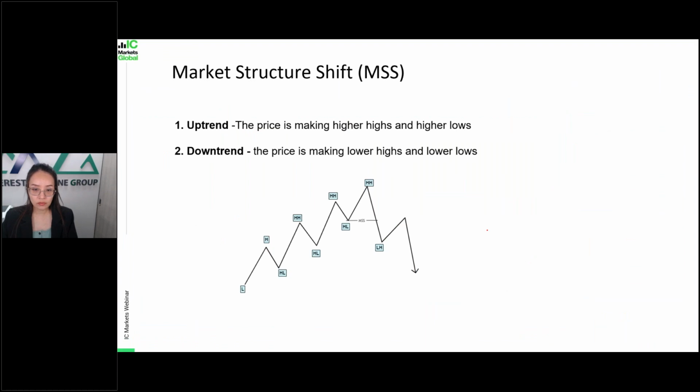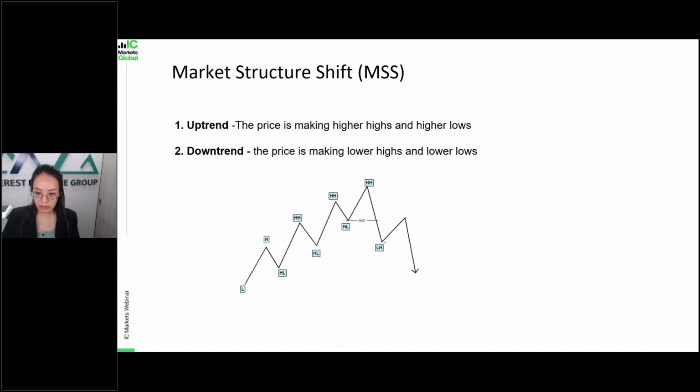And now we're going to look for market structure shift. Basically it's very simple. If you trade SMC, when it breaks this low, they call it change of character, but ICT calls it MSS, which is market structure shift. So you know that price is in an uptrend, making a higher high, higher low, higher high, and then after that they make a lower high, which breaks this low.